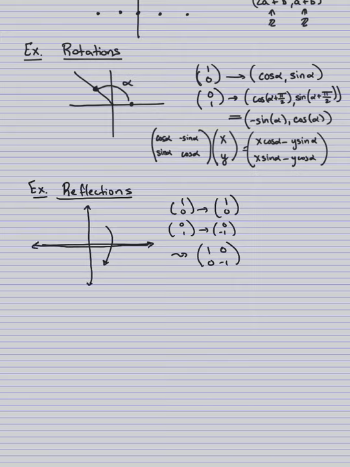For other reflections, if I just pick a random line y equals mx, notice again I have to reflect over a line through the origin for this to make sense, if I want to write down a linear transformation. If I want to write down this one, this immediately becomes more of a hassle. In general, it's difficult to say where (1, 0) goes if I want to write down the matrix for this reflection.